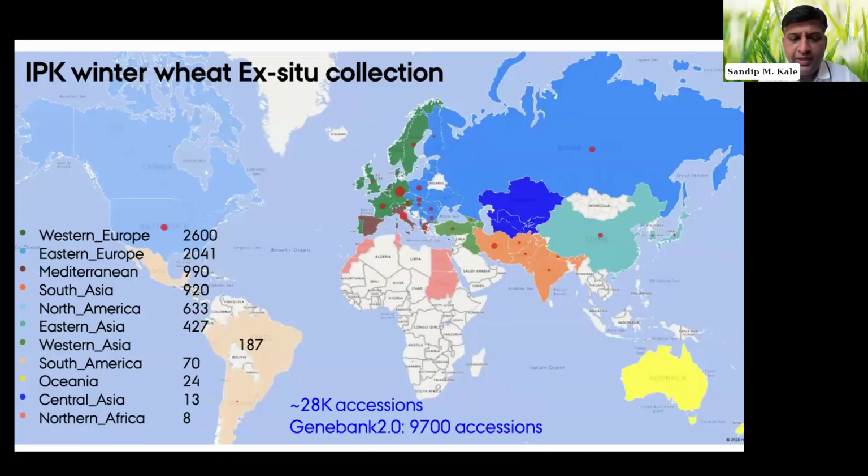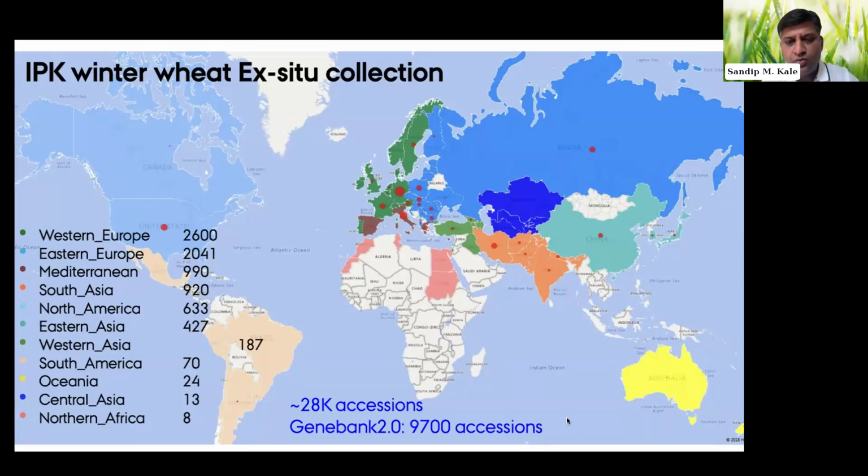The first step for identifying novel sources of candidate genes is the plant genetic resources stored in the gene banks. During my postdoctoral tenure, I was working at IPK, which holds the European Union's largest gene bank, with around 28,000 accessions.